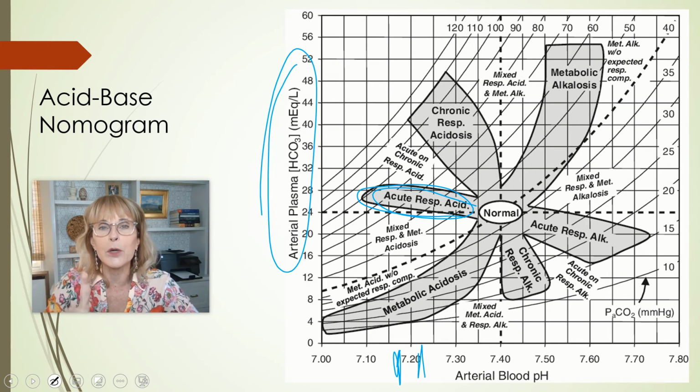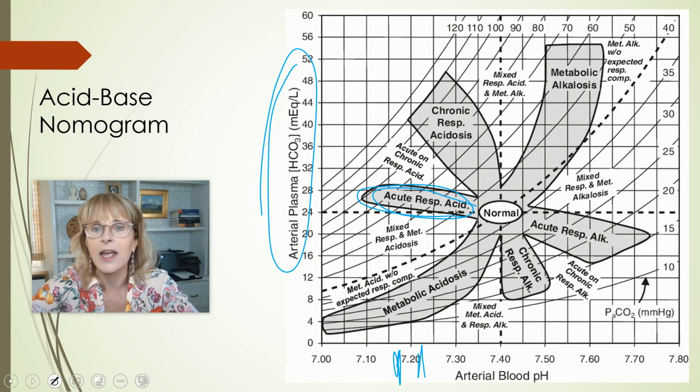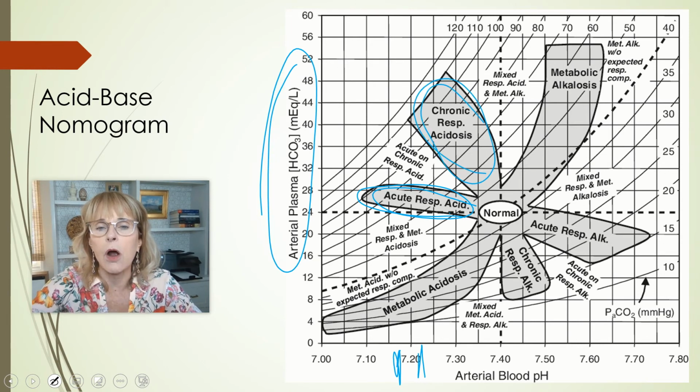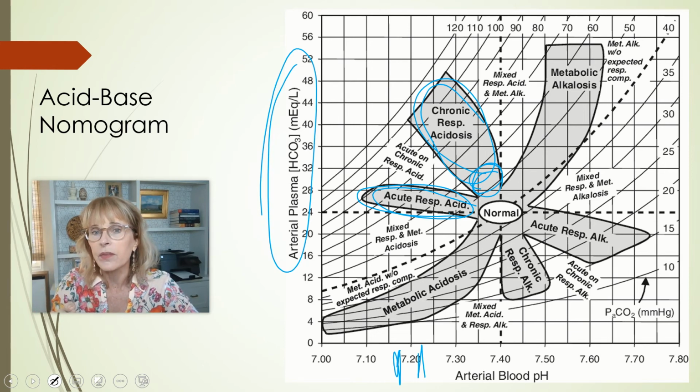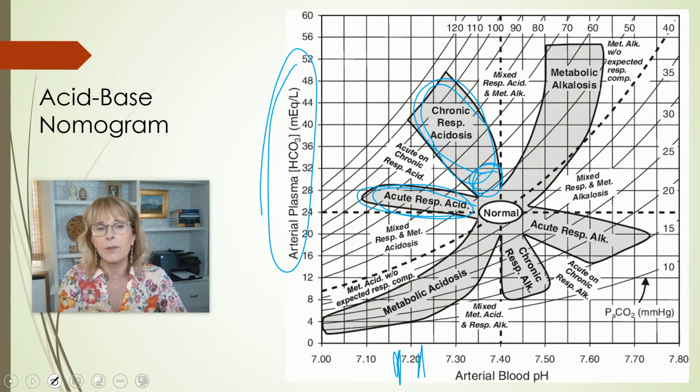Now, what is going to happen when it's chronic, when your patients have had COVID-19 for a while and they've had a chronic respiratory acidosis? Their pH levels are not as low. They actually can be very close to normal, okay? But what is happening is their bicarbonate is compensating.